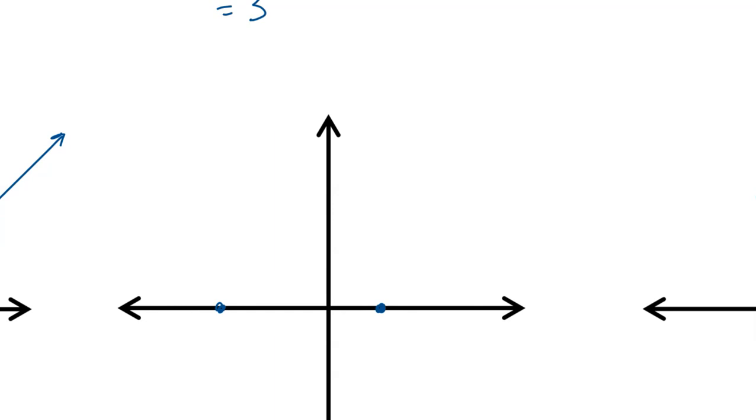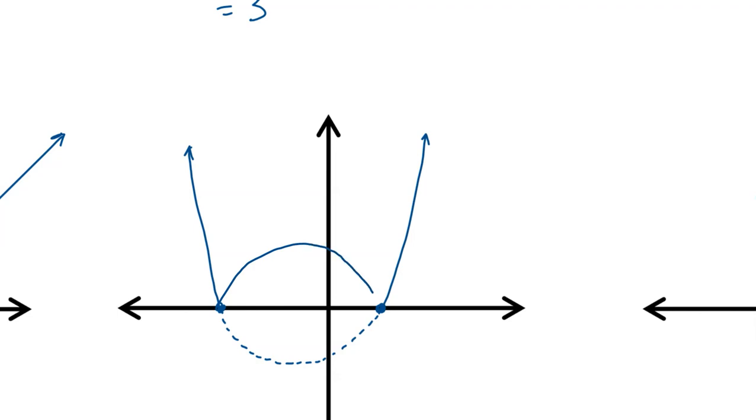Again, watch how I'm going to draw this. Then I take that dotted part and reflect it above. So there's the -3, but the actual y-intercept is +3. What do you think?